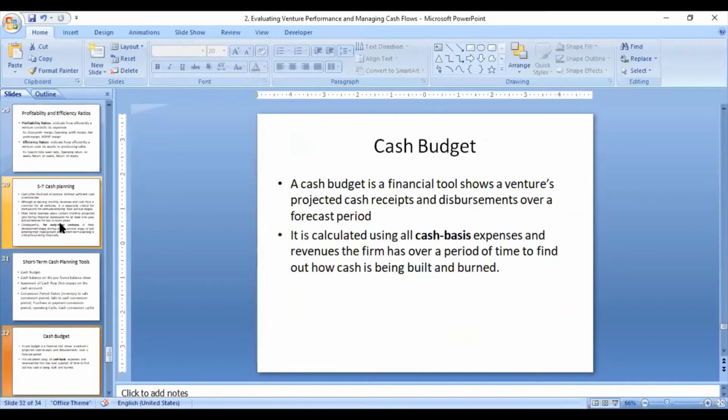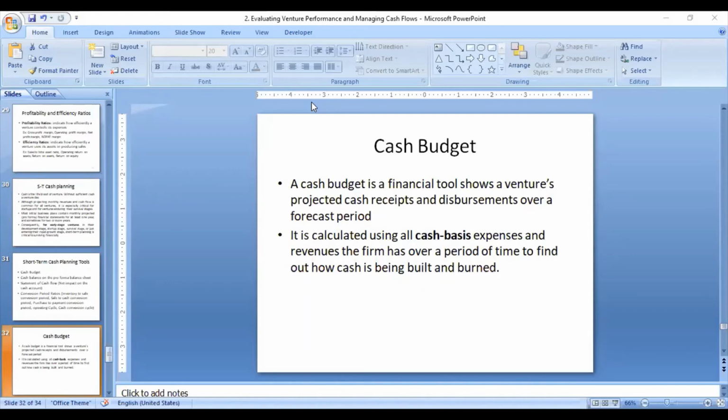Normally when we say cash budget, it is a financial tool that shows a venture's projected cash receipts and disbursements over a forecasted period. You know, when we say a budget, it is a kind of cash receipts and cash expenses or disbursements over a forecasted period, maybe 5-6 months maximum. Short-term cash planning normally goes to a maximum of 1 year. It is calculated using the cash basis.